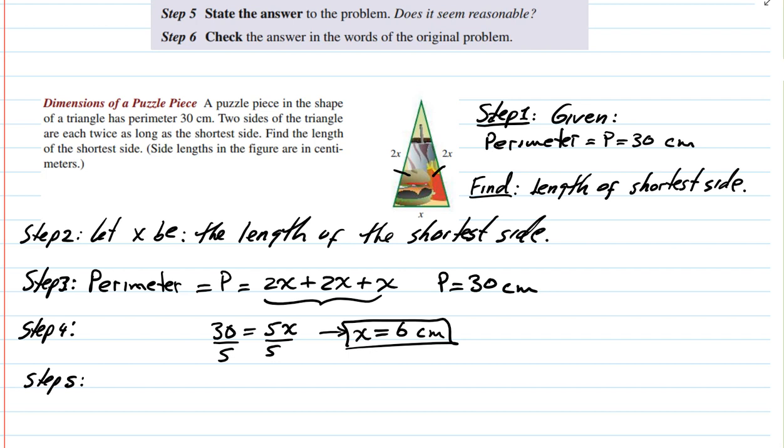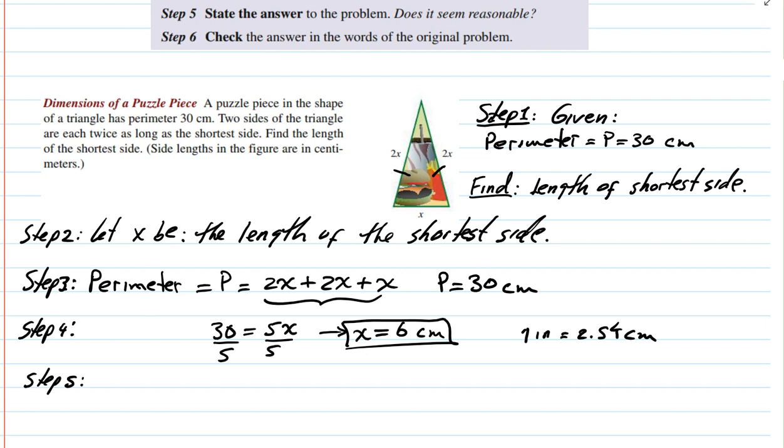US system. An inch is about 2.54 centimeters. So a couple of inches, that's going to be about 5 centimeters. This is about 2.5 inches.